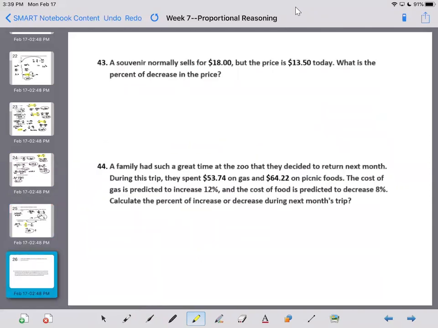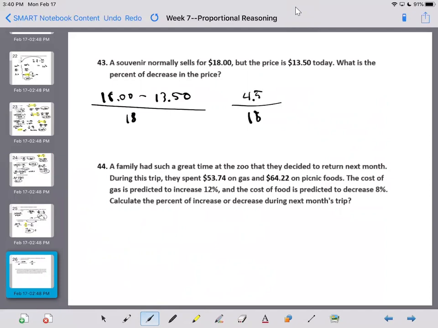And then we've got where we could look at a souvenir. Normally sells for $18. Today, it's sold for $13.50. Let's find the difference. But we're dividing it by 18 because that's what it was originally. So you take $18 and subtract $13.50 from it, you're going to get $4.50 divided by 18.